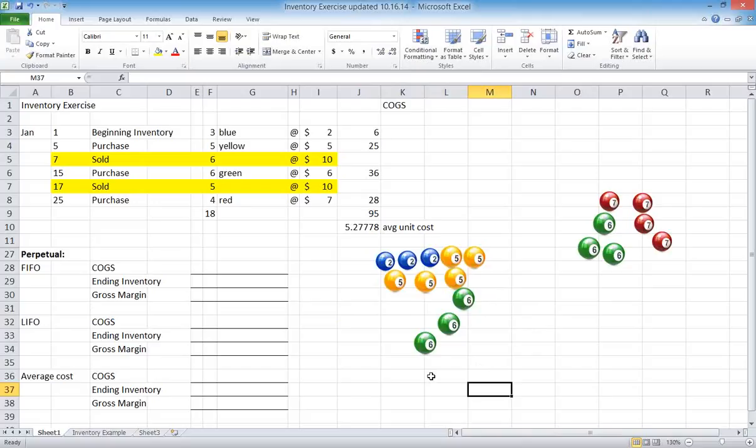So we need to add those up. Ending is 64. Sold is 49.